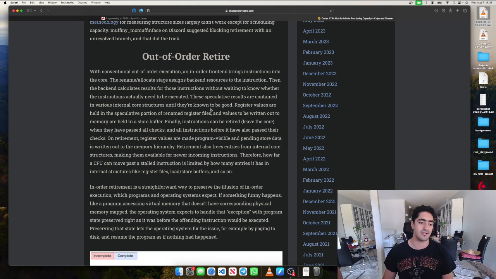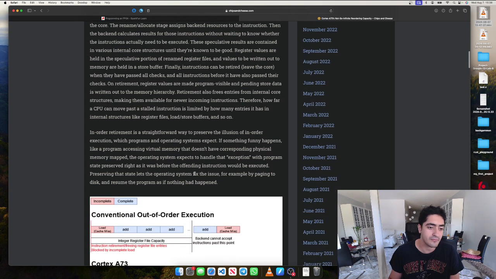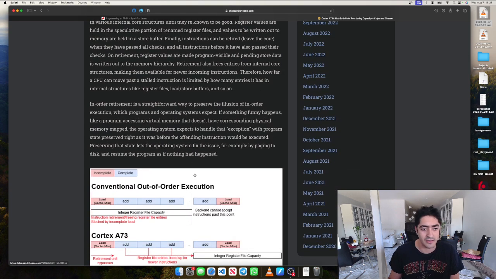Therefore, how far a CPU can move past the stalled instruction is limited by how many entries it has in internal structures like register files, load and store buffers, and so on. In-order retirement is a straightforward way to preserve the illusion of in-order execution, which programs and operating systems expect.